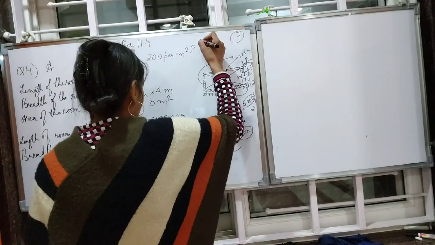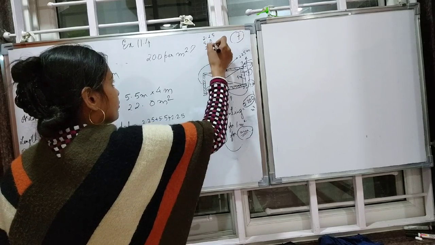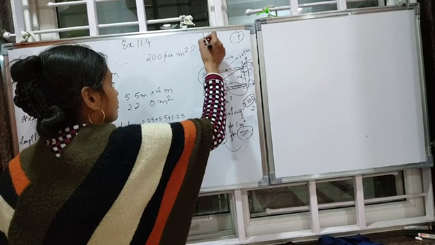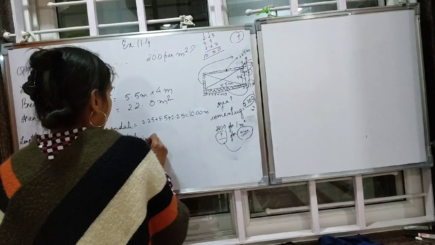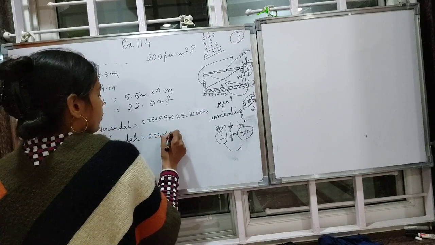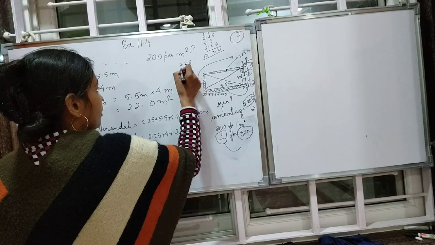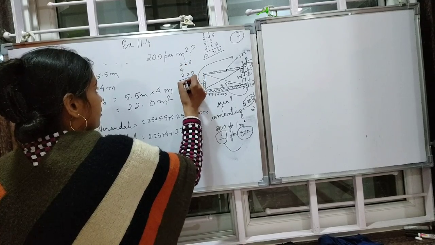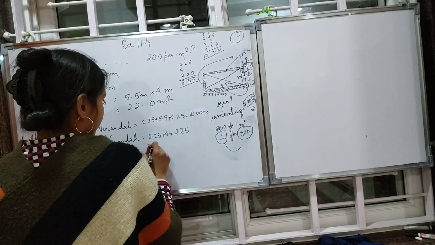So let's check how much it will come. 10.0 meters. And breadth of the room, 2.25 plus 4 plus 2.25. So children, I am adding it here. 2.25 plus 4 plus 2.25 is 8.50.